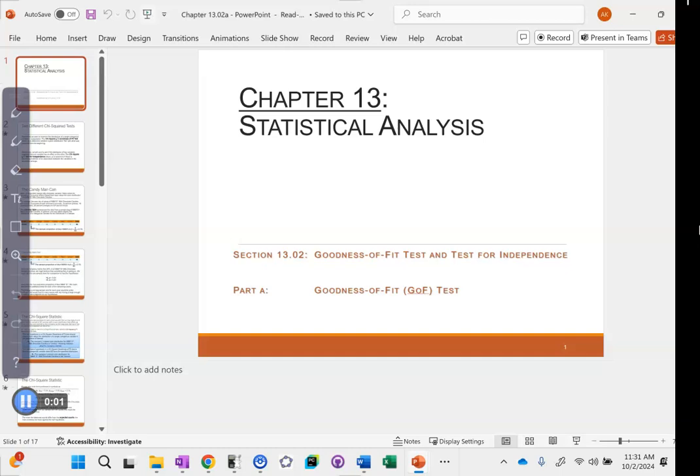How many should have been green, etc.? Everybody okay with that idea? What that's called is the expected count. So the expected count is what we should have gotten if the null hypothesis was true. That's going to look like that.